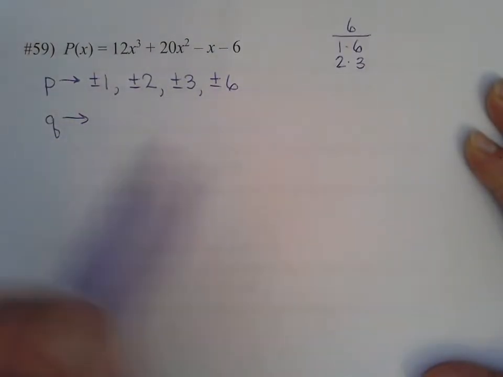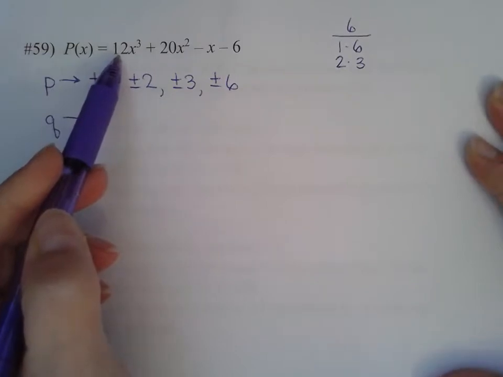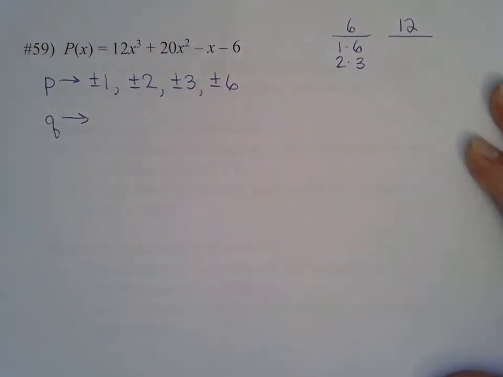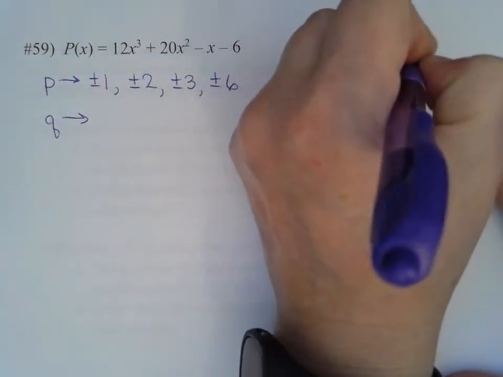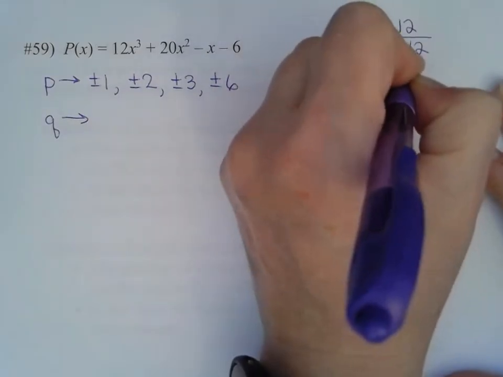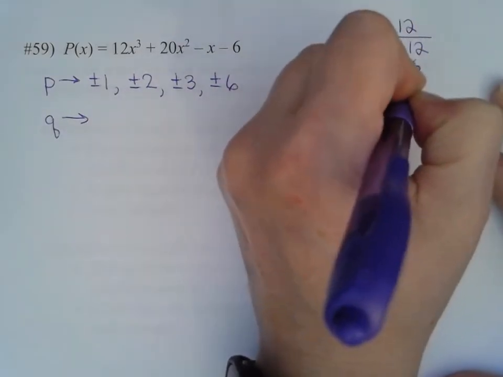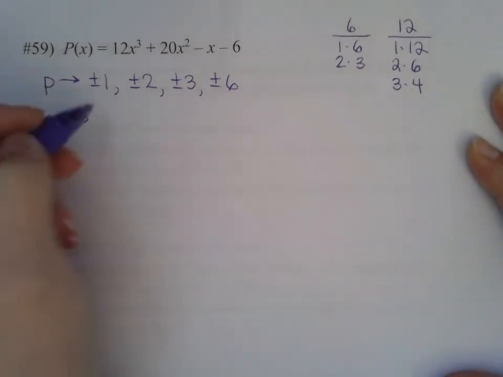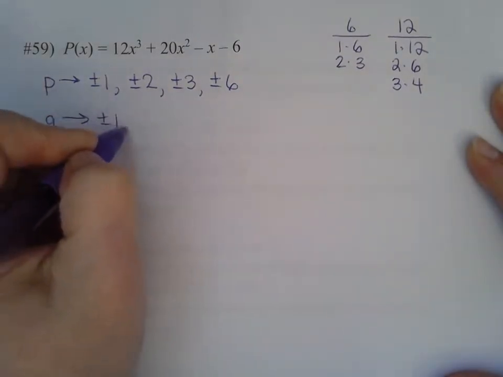And then Q divides evenly into the leading coefficient. This time that's a 12. So for 12, we could have 1 times 12. We could have 2 times 6. Or we could have 3 times 4. So let's list those out.